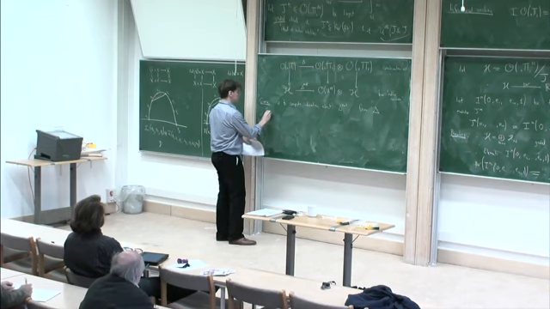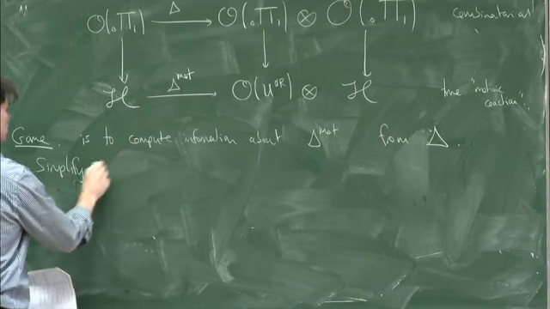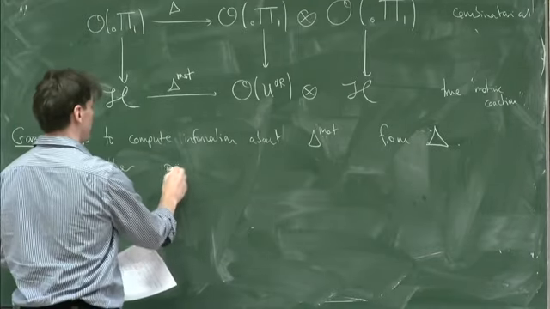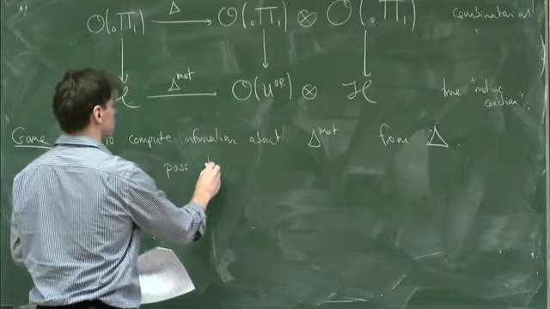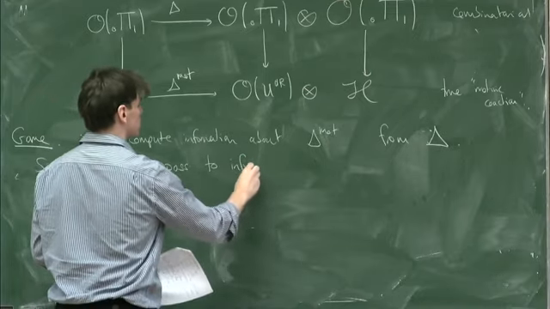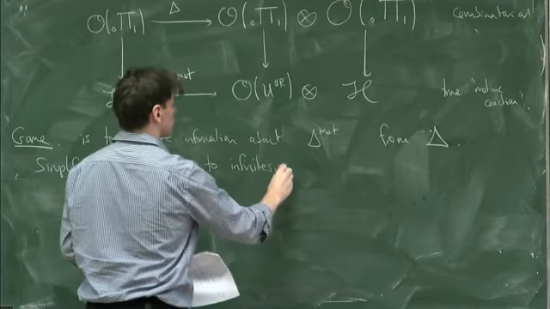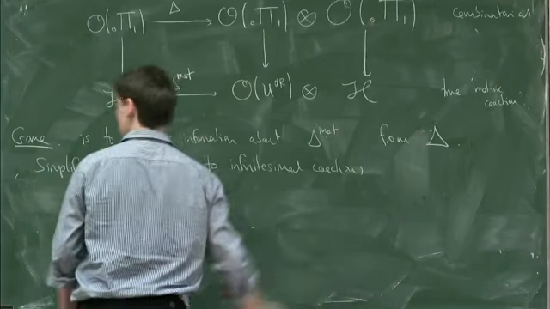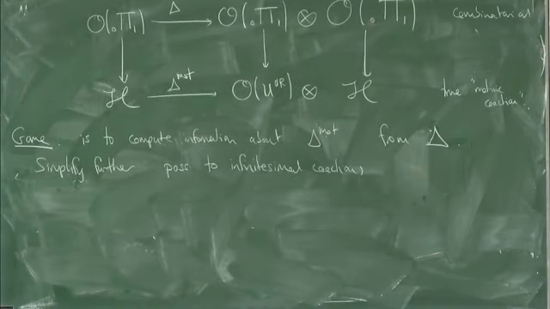So I want to simplify this picture even further, by passing to infinitesimal coactions. So in the language of last lecture, I'm going to pass from this picture to this picture.